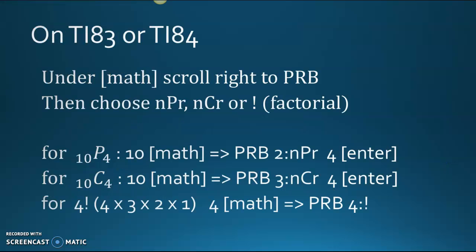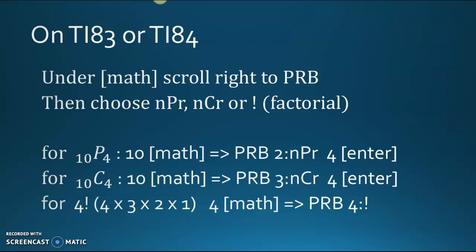Now you can do these permutations, combinations, and factorials on your TI-83 or TI-84 calculator if you have one. You don't necessarily need it for this. This stuff is pretty easy to do without it. But if you want to use the calculator for it, under the Math button, you scroll right to where it says PRB, that's probability, and then choose nPr, which is the second one down, and nCr, the third one down, or the exclamation point, which is factorial, the fourth one down.